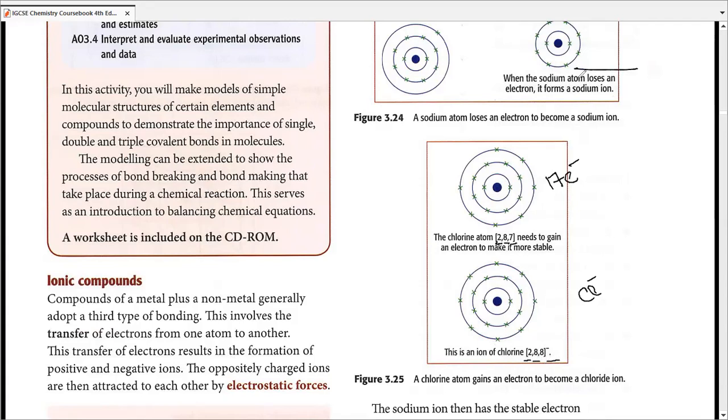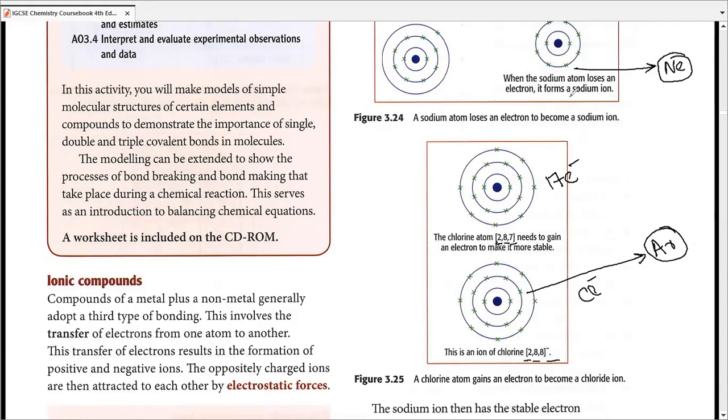If we look at the configuration of Na positive ion, you're going to see that it's the configuration of neon. If we look at the configuration of Cl negative ion, you're going to see that it's the configuration of argon. Neon was actually the nearest noble gas to sodium, and argon was actually the nearest noble gas to chlorine.